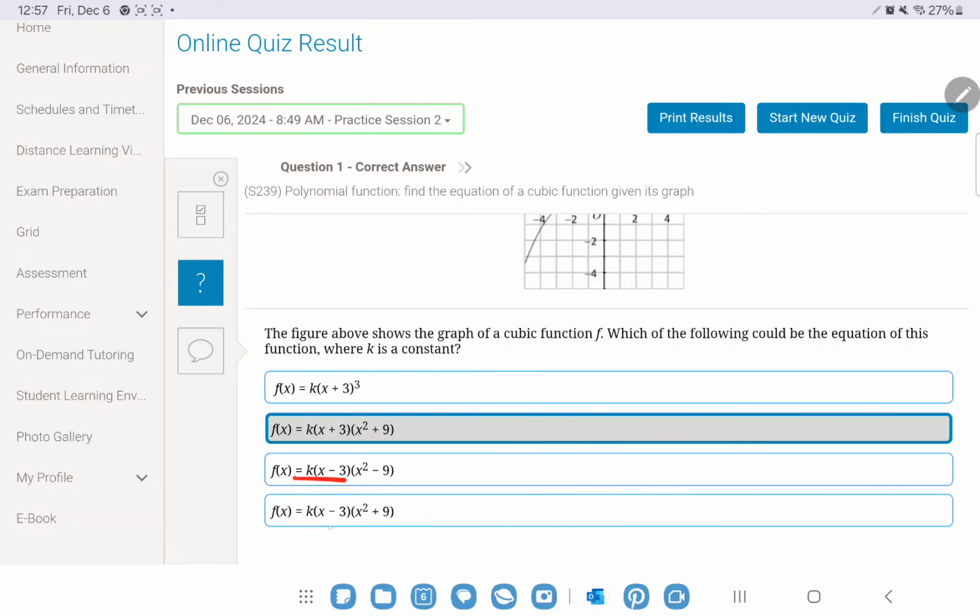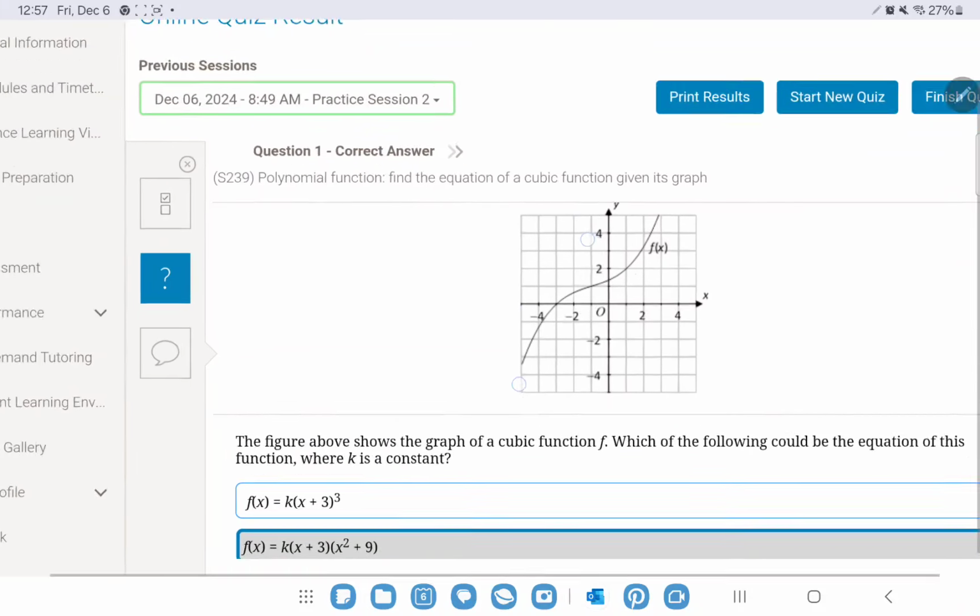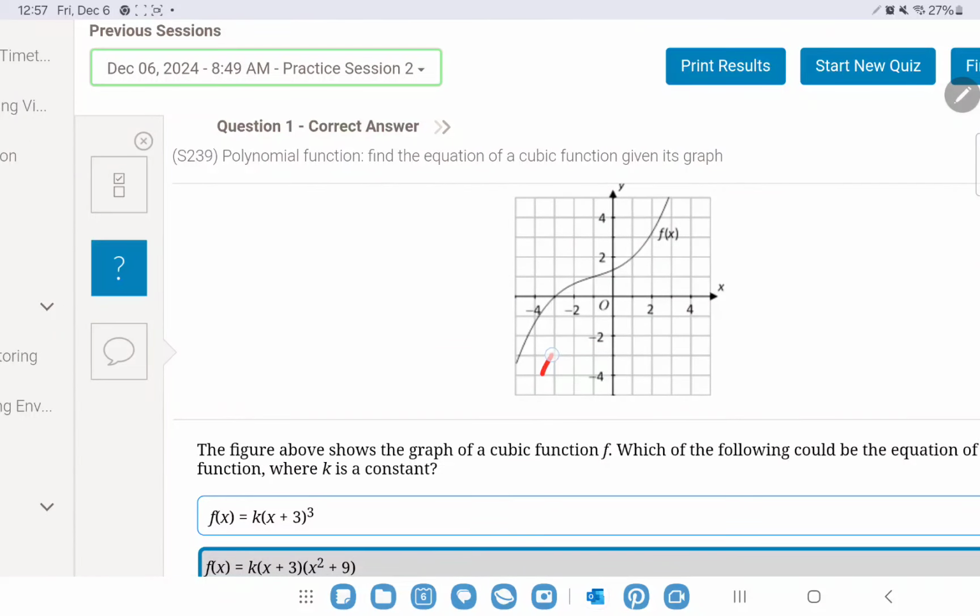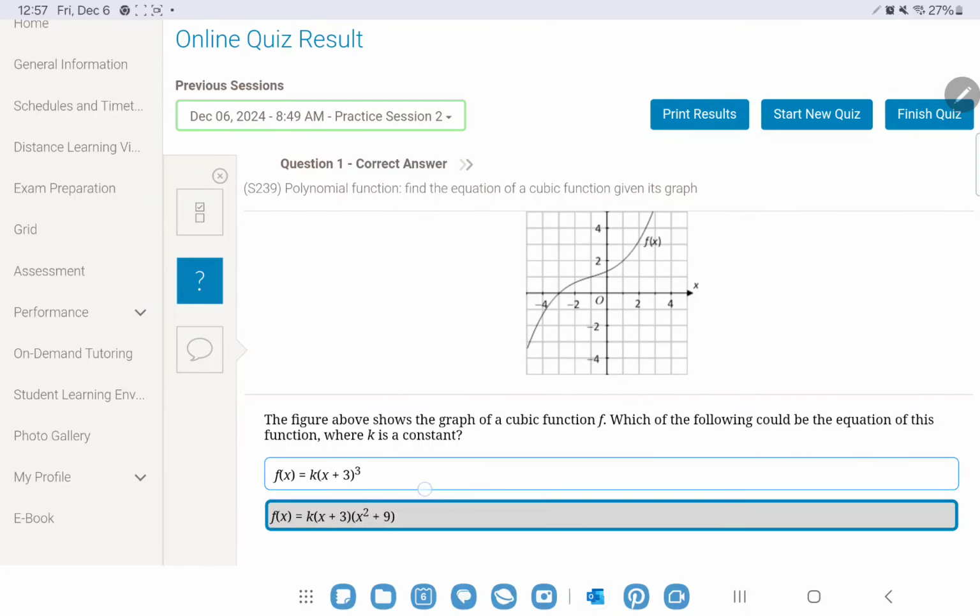So this is x minus 3, and this is x minus 3, so we can't have either of these two options. And since it's not passing through the origin, it cannot be x plus 3 cubed. So it has to be this one. It has to be this option.